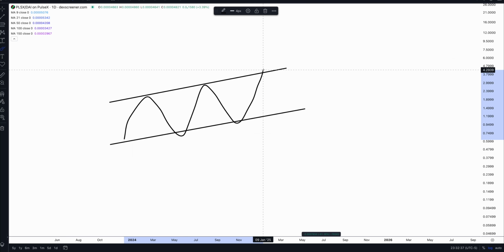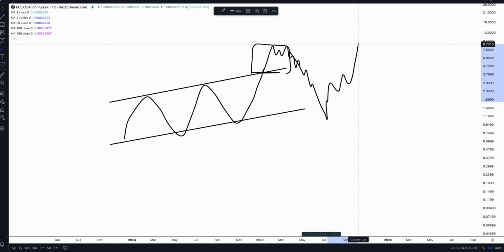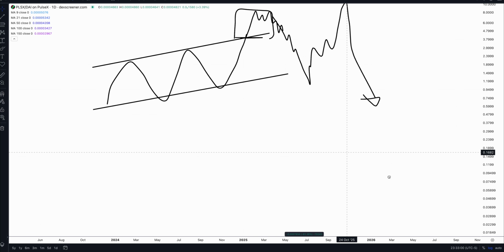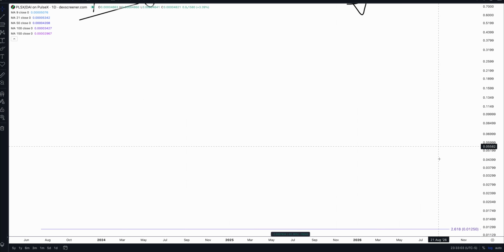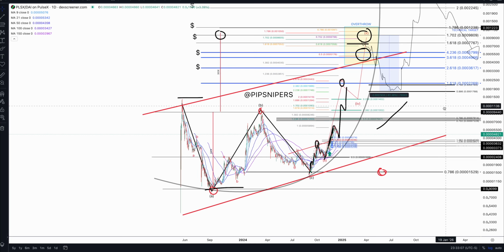When you come to this trendline resistance in a very highly over-leveraged market, which involves a lot of FOMO, you tend to see an overthrow of that macro pattern, and then you have a capitulation, and then you have what's called a return to normal, and then you have a move back down in the opposing direction. I see something very similar happening with PulseX.